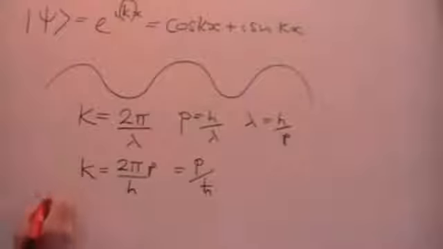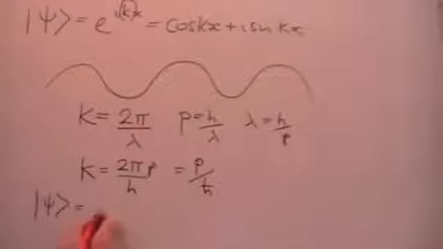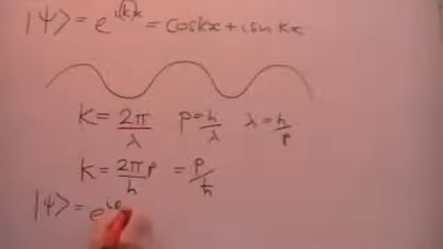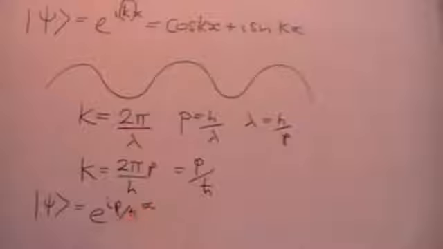Consequently, psi, our wave function, is equal to this term here, which is e to the i, now, instead of k, I'm just going to put p over h bar, times x. So we now have a wave function which involves momentum. So there it is. The wave function is e to the ipx over h bar.